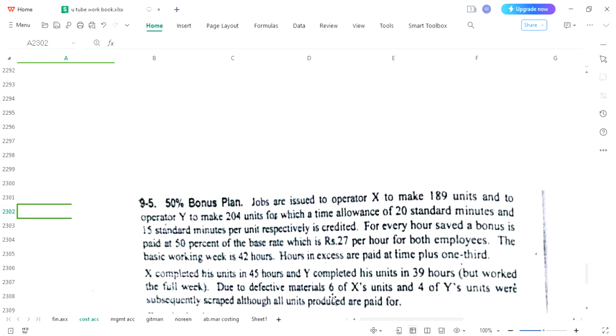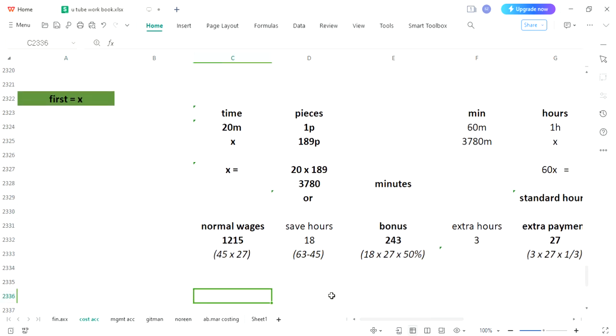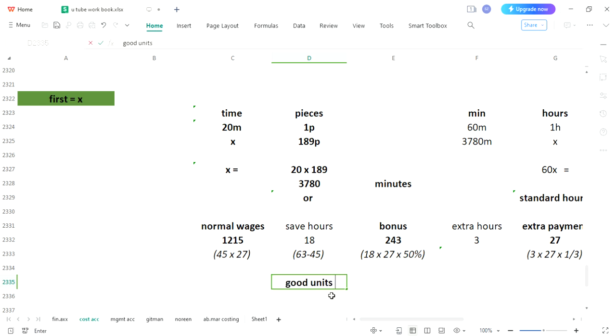Out of 189, 6 units are scrapped. So we will first calculate the good units. How will we calculate good units? For this, total manufactured units, and you will subtract defective goods.